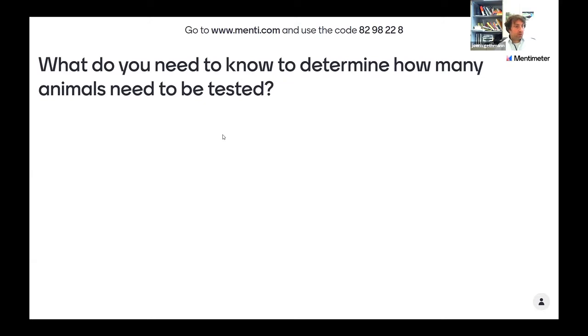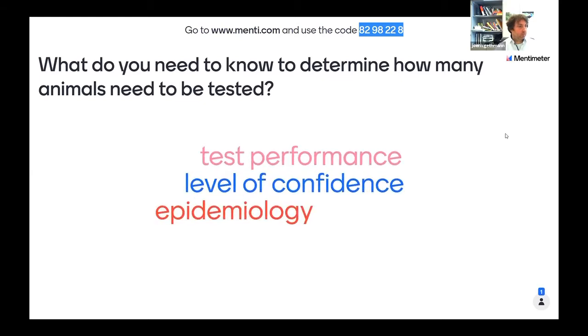I hope it's not closed too, so maybe somebody can test it. So the code is 8298228. Okay.